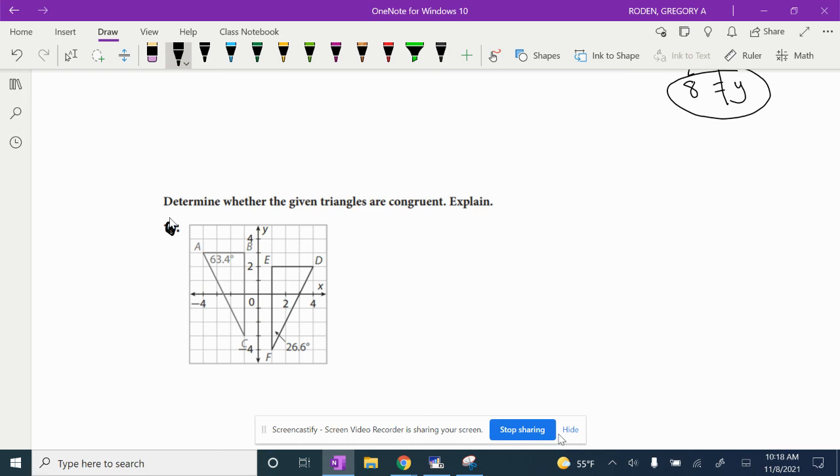You don't have to do all the graph paper lines. I want you to trace this and figure out, are these two triangles congruent based upon what we have learned in the past? We should be able to do this.